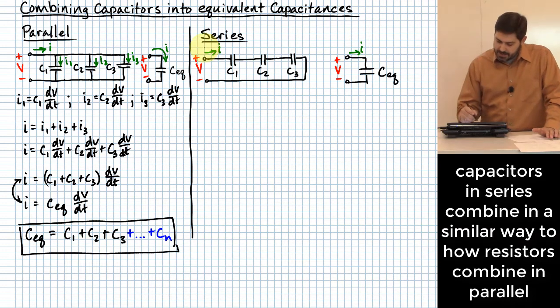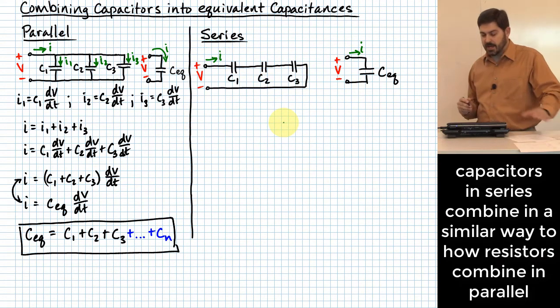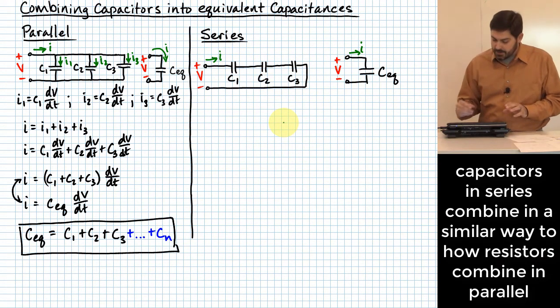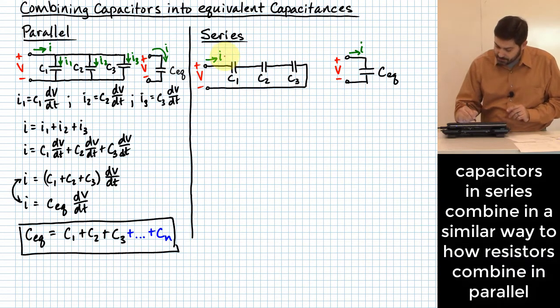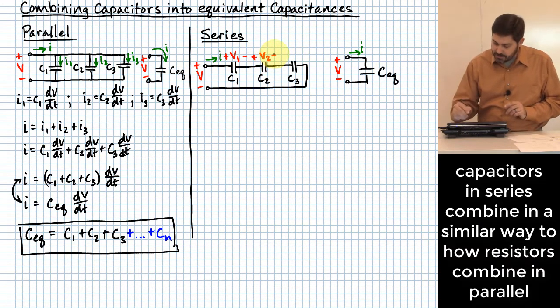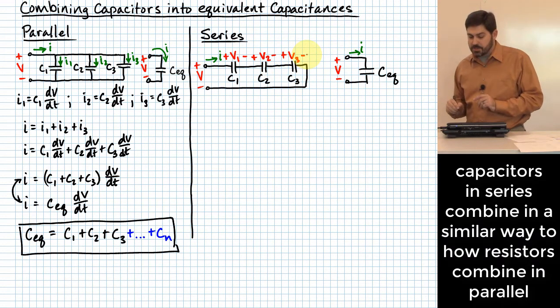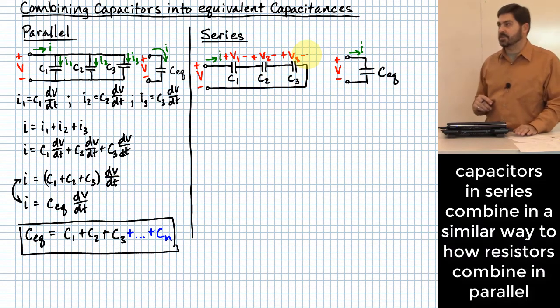I think probably the best place to start might be to identify that when you have a loop like this one, the voltage V is related to the voltages across each one of the capacitors. And in this case, the voltages are not the same for all of them. I'll call this V1, and let's call this V2, and let's call this V3.